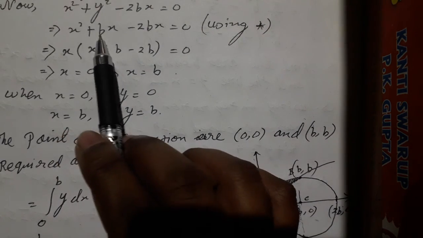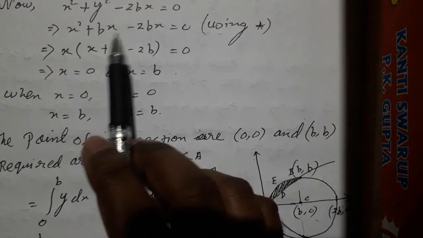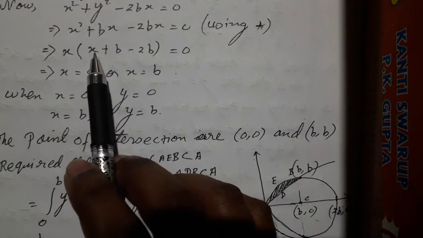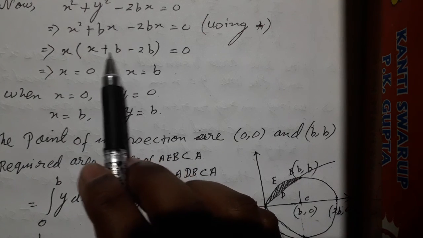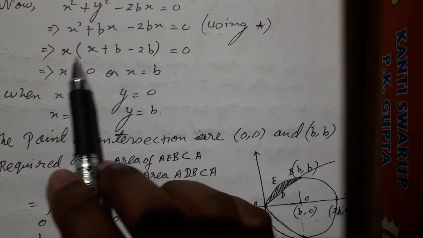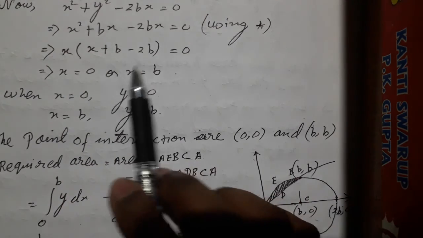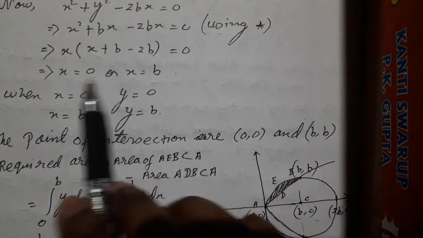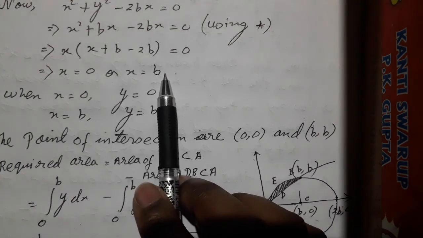We get x squared plus bx minus 2bx equal to 0. Taking x common, we get x times (x plus b minus 2b), which is x minus b. So we get x equal to 0 or x minus b equal to 0, that means x equal to b.